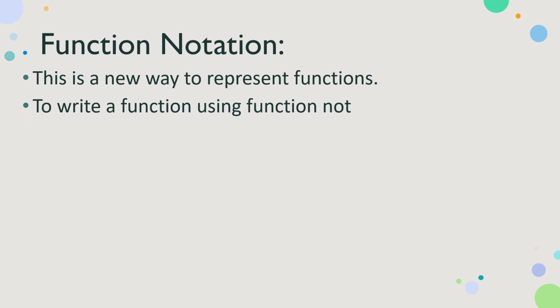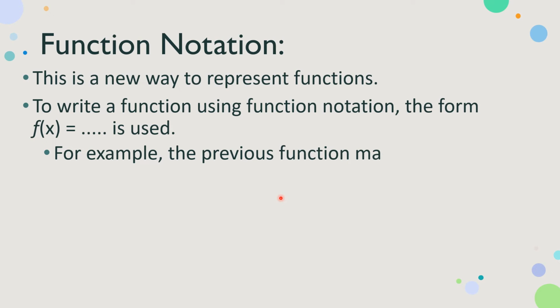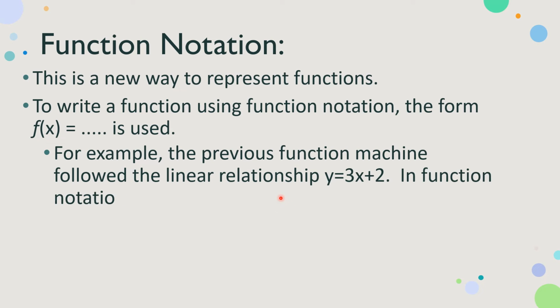To write a function using function notation, the form f of x equals something is used. So we no longer use that nice y variable. We get to use this f of x instead. For example, the previous function machine followed the linear relationship y equals 3x plus 2.